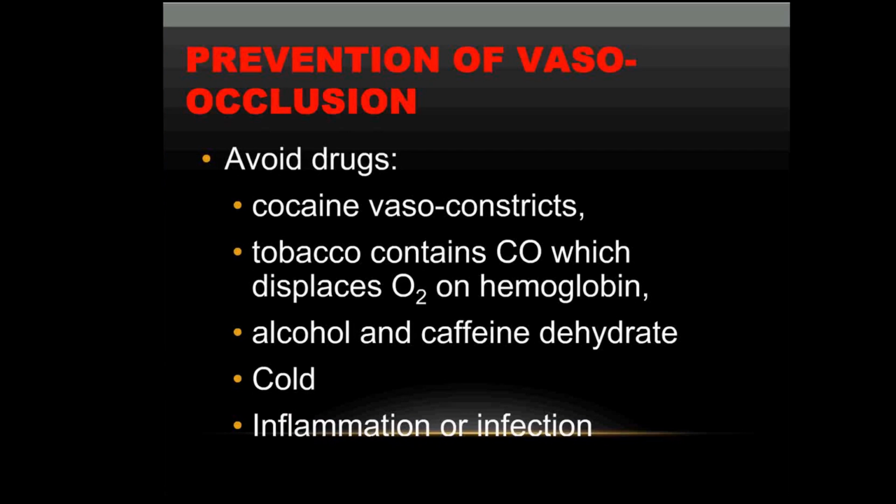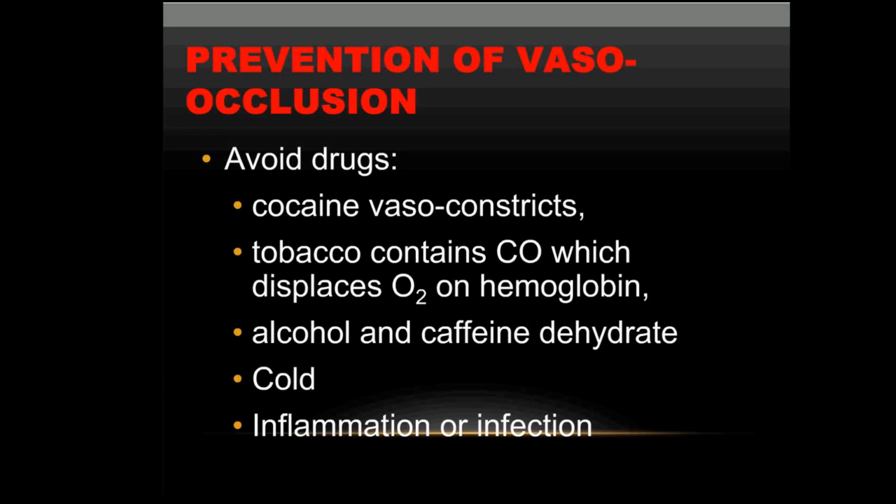And again, that's due to inflammation in general. So to prevent vaso-occlusion, we want to avoid the extremes of temperature, and we want to drink lots of fluids, treat respiratory symptoms and infections immediately, use anti-inflammatory drugs to treat the pain, and get lots of rest and avoid overexertion. They also need to avoid certain drugs.